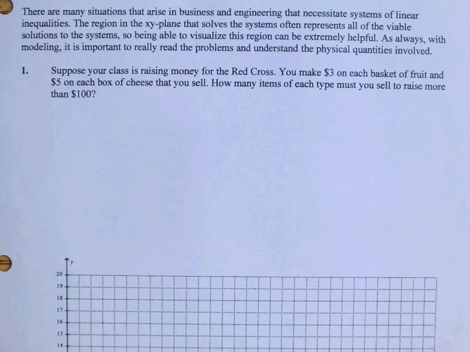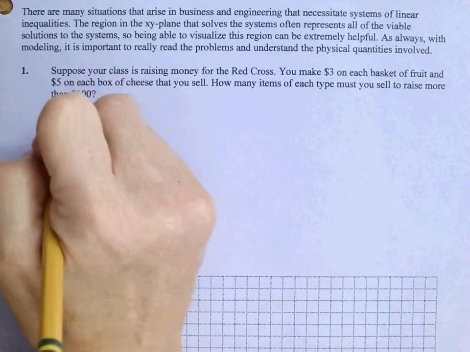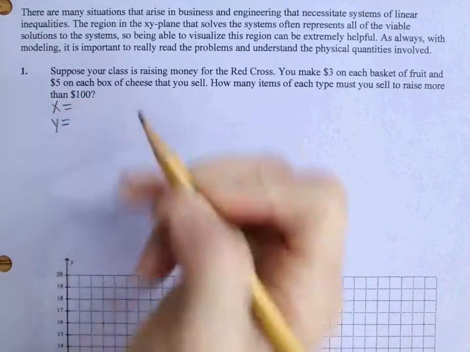Suppose your class is raising money for the Red Cross. We make $3 on each basket of fruit and $5 on each box of cheese that you sell. How many items of each type must you sell to raise more than $100? So what we're going to do is label our variables, what x equals and what y equals.